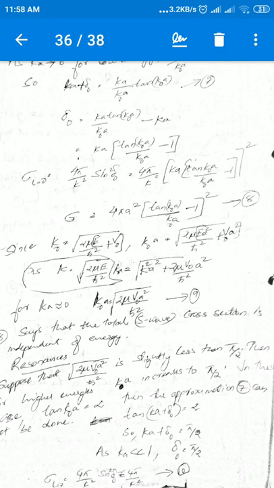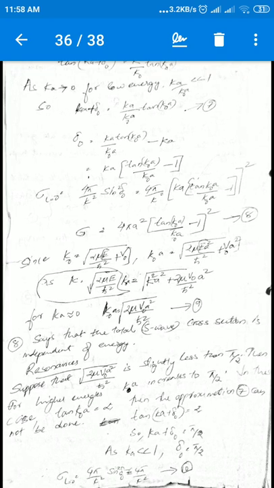Now we know, ka we are making 0 because k is very very small. That means k²a² is neglected there, and k0a is √(2μV0a²/ħ²). This equation 9 says that the cross section is independent of energy. There is no energy term. Equation 9 says that the total S-wave cross section is independent of energy.